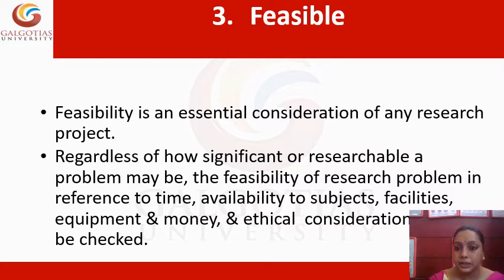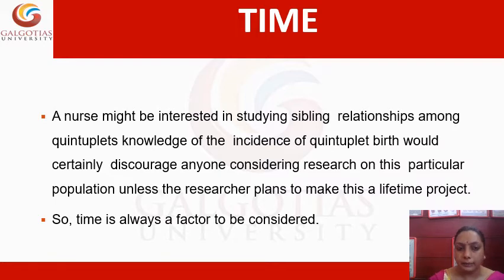Feasibility is an essential consideration of any research project. Regardless of how significant or researchable a problem may be, the feasibility of the research problem in reference to time, availability of subjects, facilities, equipment, money and ethical consideration is to be checked. So feasibility is the most important thing. In that, time. Yes, time is also one of the important things.